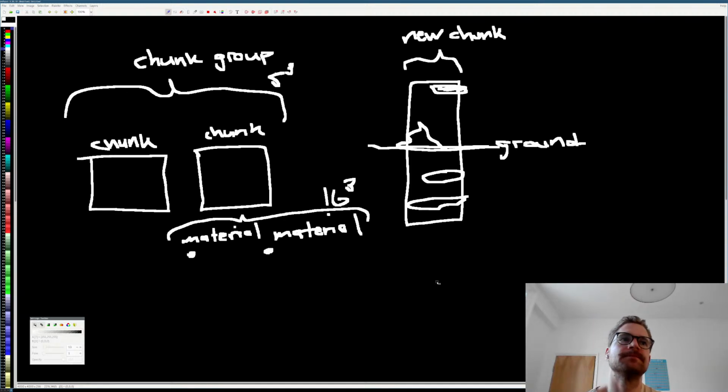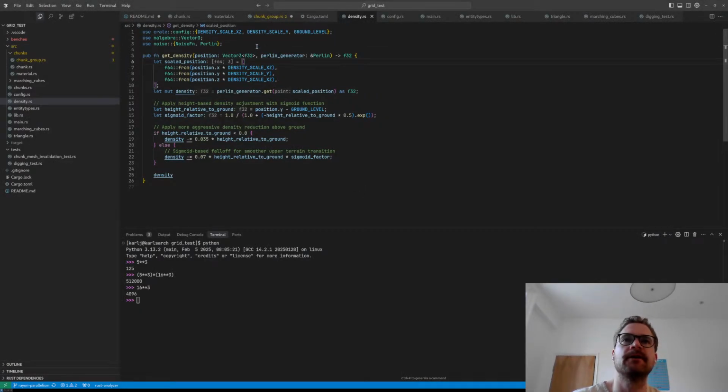I don't know if it matters though, to be honest. Anyway, let's play around with this now. So that's why there is a ground level here.